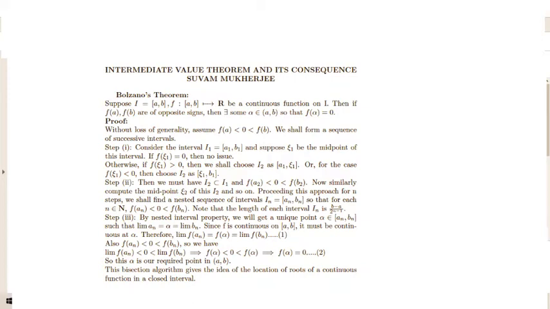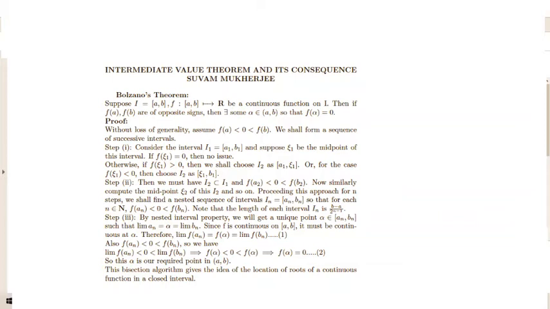But in case of a non-zero value, if f(xi1) is positive, then we will choose another subinterval I2 as [a1, xi1]. That means if the sign is positive, we choose the first subportion, that is [a1, xi1]. And similarly, if we get f(xi1) as a negative value, then we choose the next subportion, that is [xi1, b1].